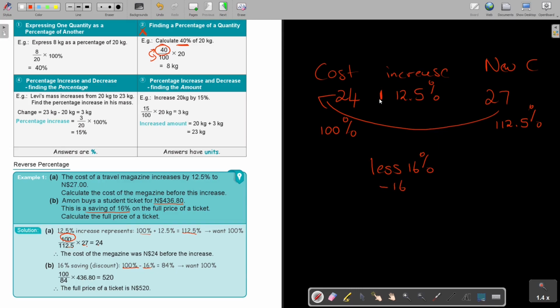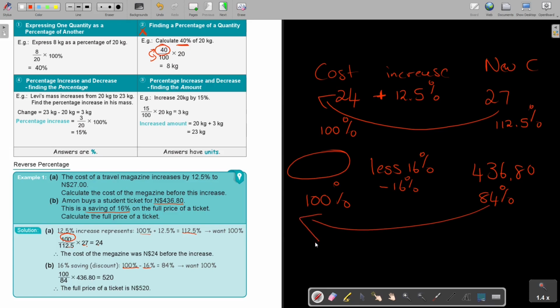So there I added, and there I subtract the 16%. And after that, he's paying 436.8 for the ticket. But again, I know this is 84%, but I want to reverse back. I want the full cost before the discount. So again, I want to reverse back.